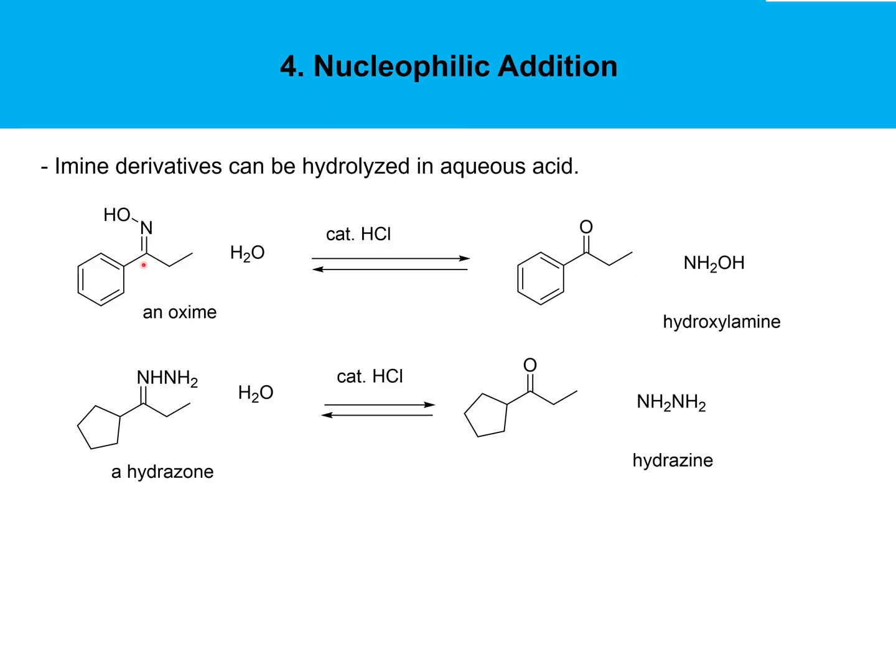And then the ketone will simply come from converting this imine bond to a carbonyl, which you see here in the product. With the next example, we start off with a hydrazone. And so this hydrazone will be converted into a carbonyl, and we'll get a hydrazine byproduct.